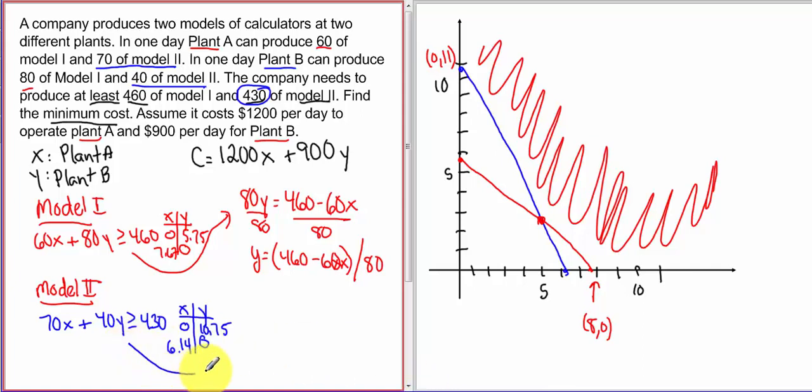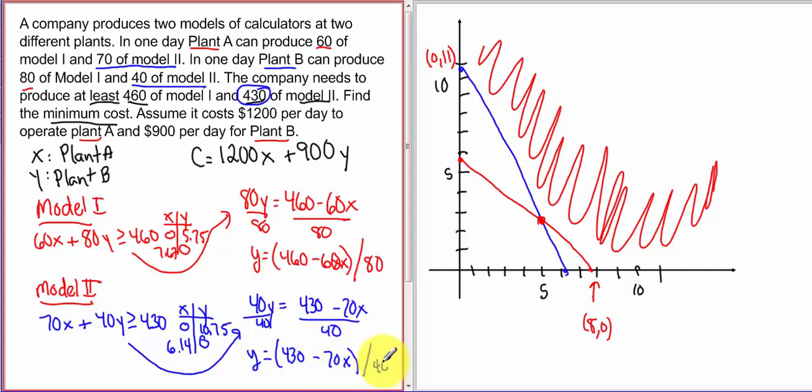Now here, I do 430 minus 70x, and then I divide by 40. So we have our other equation. Again, this is how you're going to type them into your calculator.